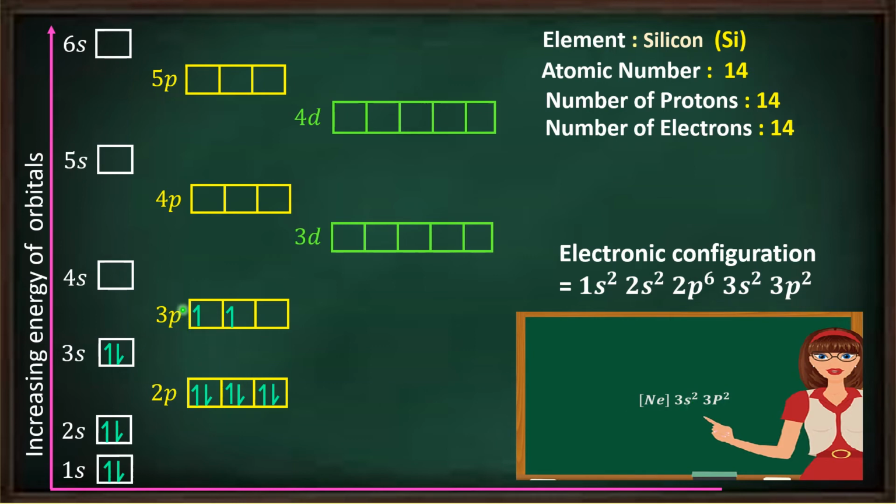Remember, if all p orbitals are singly occupied according to Hund's rule, all the electrons must have the same spin. That's why for all these electrons which are singly occupied, I have shown half arrow pointing upward, isn't it?